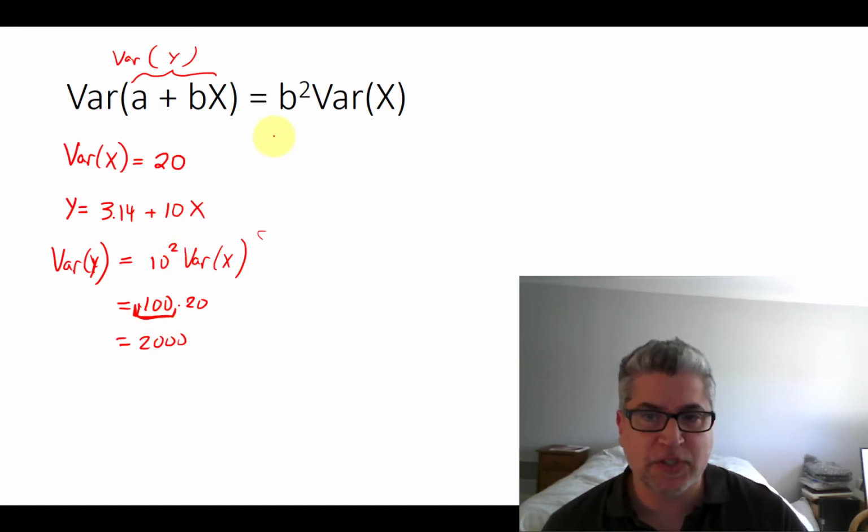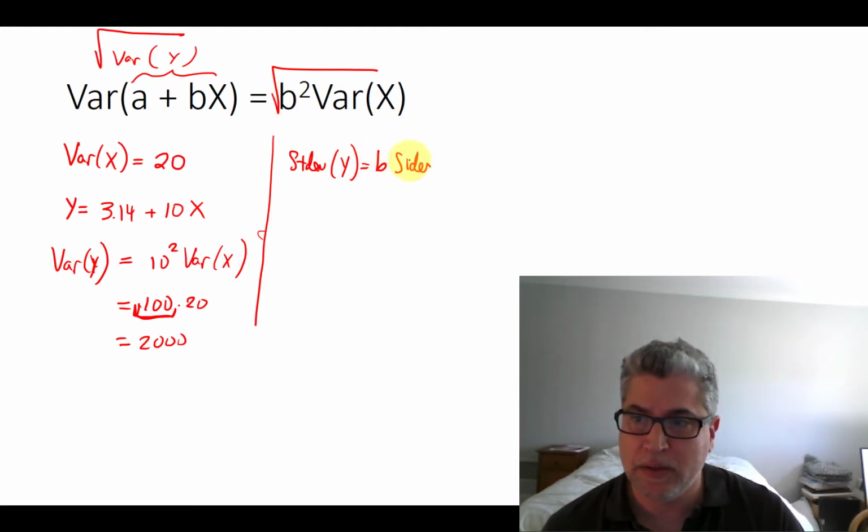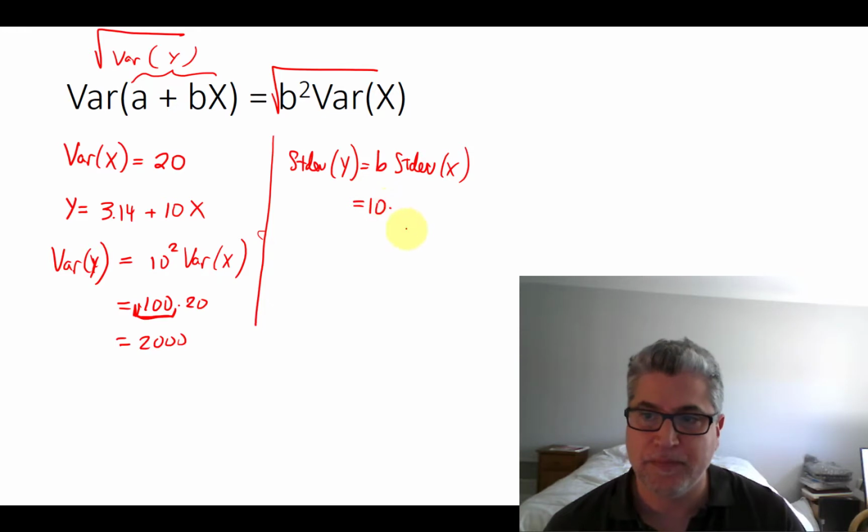If we were to convert this over to standard deviations by taking the square roots, then we see that the standard deviation of y is just b times the standard deviation of x. So 10 times the original standard deviation.